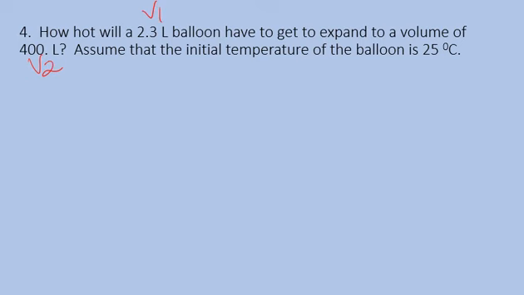Oh my gosh, this is an insane balloon because it must have so much elasticity to not pop. 25 degrees Celsius. Okay, I want to add 273 right away. So 273 plus 25 gives me 298, and that's my T1.